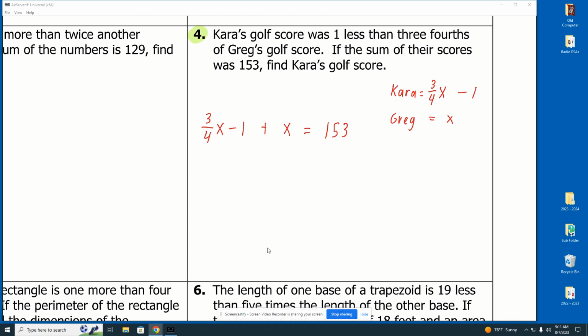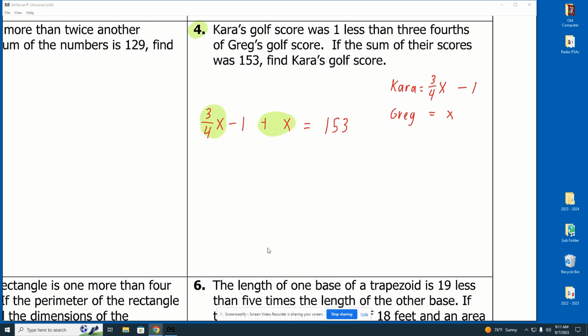All right? Now, from this point, it's pretty simple. You're just combining like terms. That's the 3/4 x plus the 1x. And y'all could write that a couple of different ways. Some people probably turn them into decimals. 3/4 is what? 0.75x plus 1x is what?